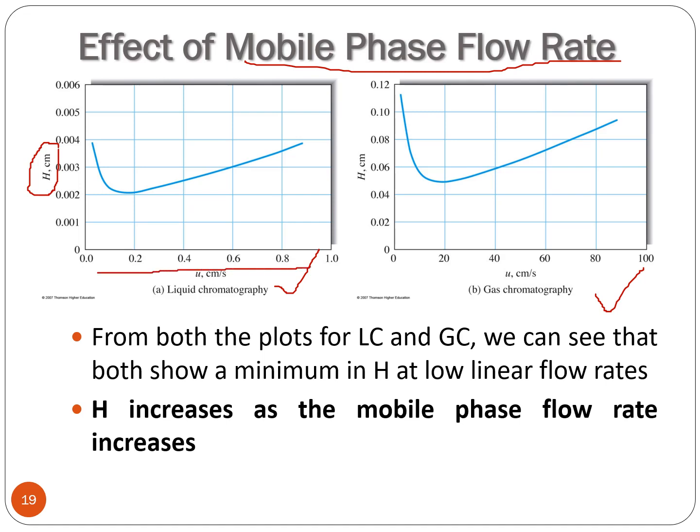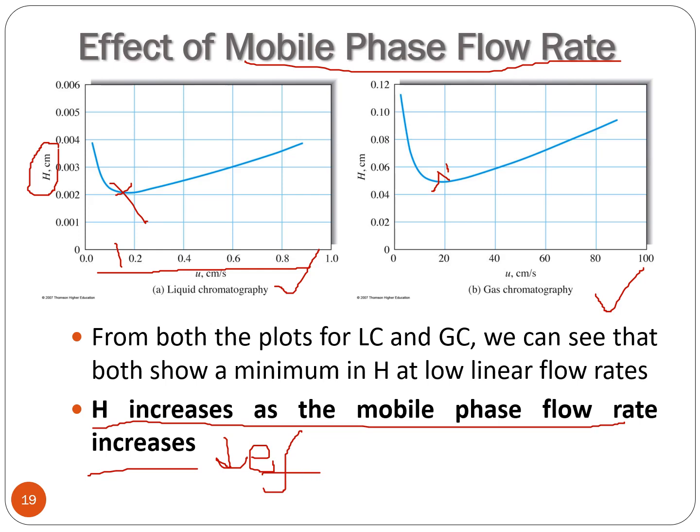Okay, we can see that both show a minimum in H, okay, dekat sini, at low flow rate. So we can say that H, the height of the plate, increases as the mobile phase flow rate increases. So in terms of efficiency, it will decrease the efficiency.